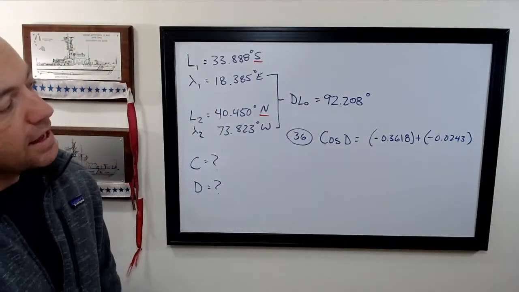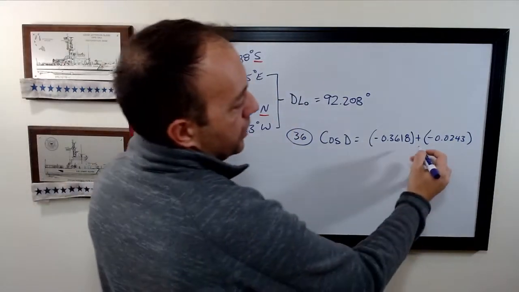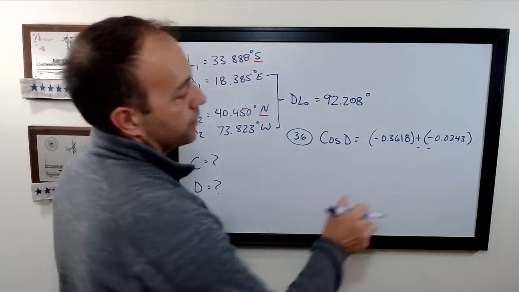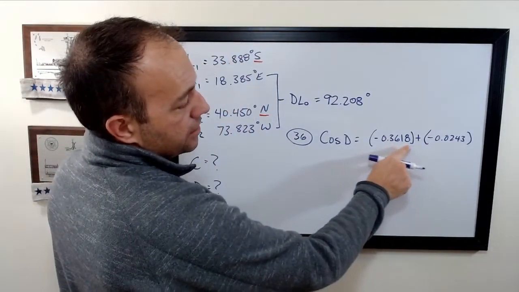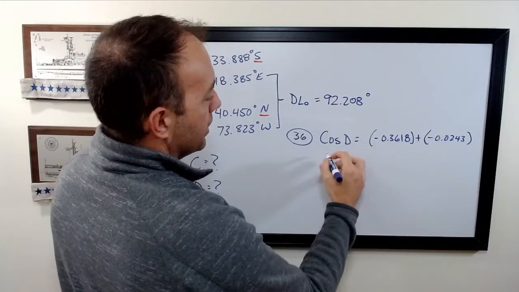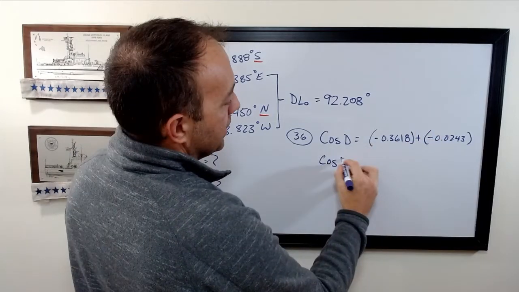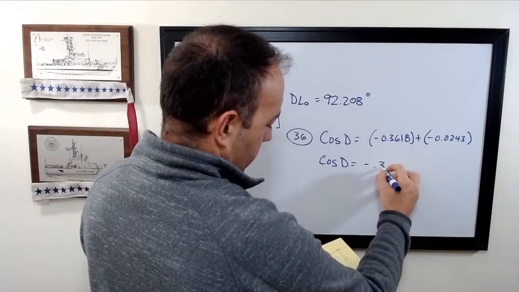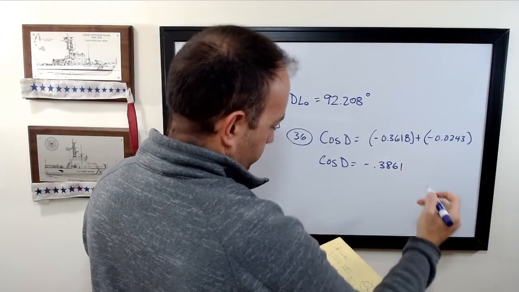Right, so I just wanted to highlight this step in the problem, because if you're adding a negative number, what you do is you subtract it. So you type this number in minus that number, and then the cosine of your d comes out as negative 0.3861.